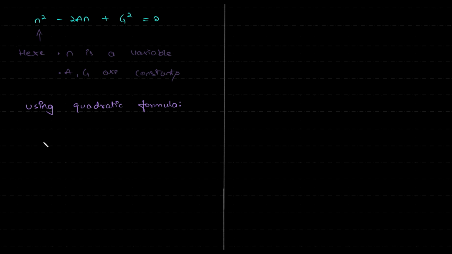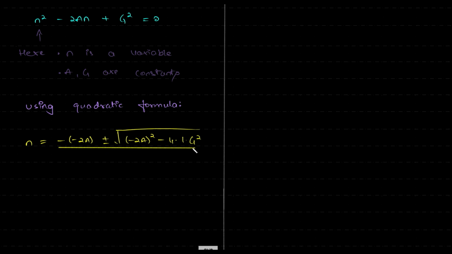So as per the formula, we have N is equal to minus b plus or minus square root of b square minus 4ac, this entire expression divided by 2a. Further solving it a bit, this is 2A plus or minus square root of 4A square minus 4G square, so I'll take 4 common, A square minus G square, this entire thing divided by 2.